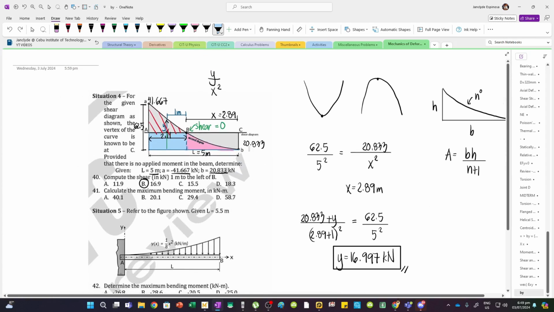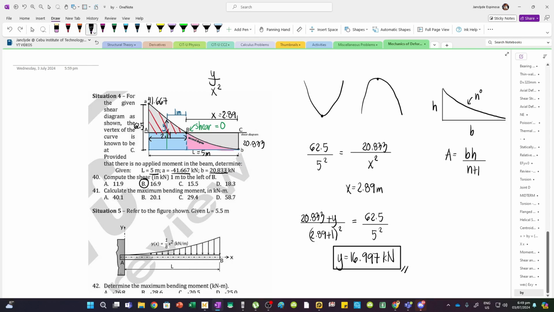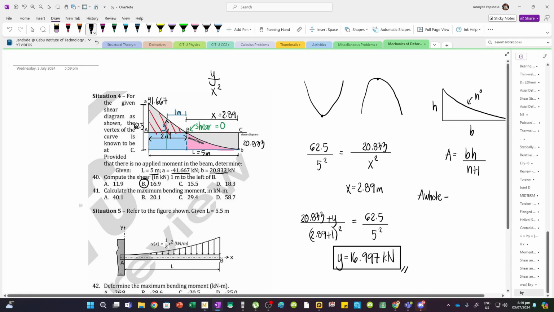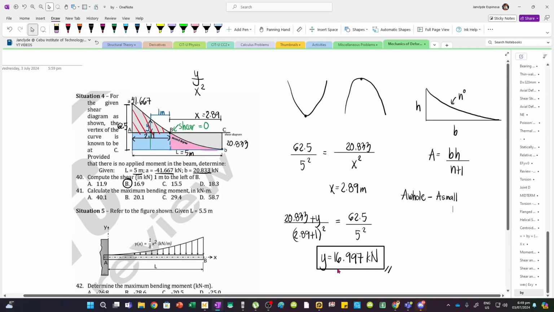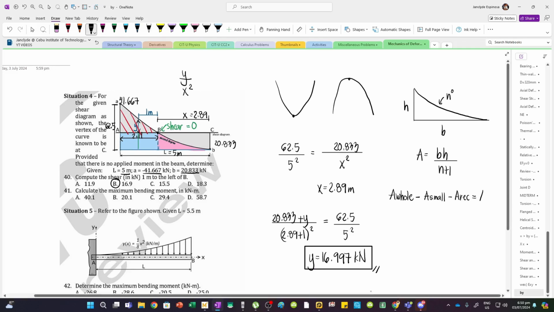And so our equation will be the area of the whole spandrel minus this pink area, that is the area of the smaller spandrel, and then minus this blue area, that is the area of the rectangle. This is going to equal this area, the area of the shear diagram. So that will be the maximum moment. So area for the maximum moment.